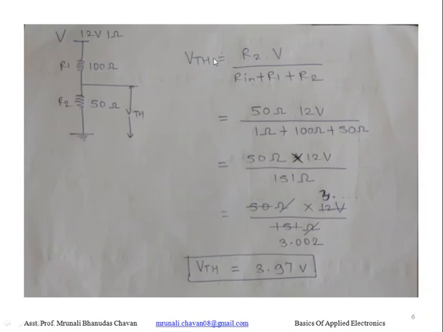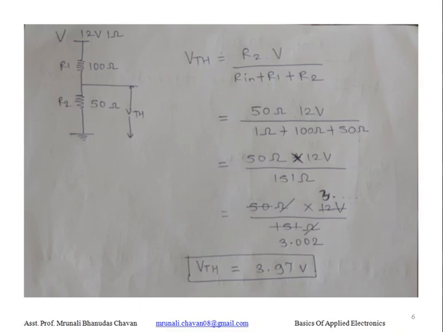Therefore, VTH is equal to that resistor times supply voltage divided by total series resistance. Now, the total series resistance here will be R in, that is the internal resistance of source, then R1 and R2. So, VTH is R2 into V divided by R in plus R1 plus R2. If we put values here, we will solve it and we will get here VTH 3.97 volt.